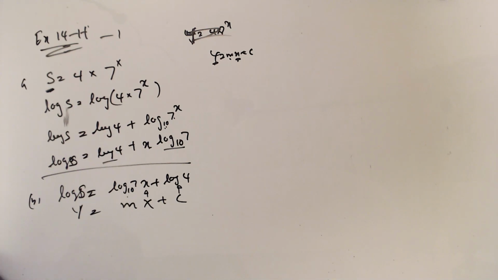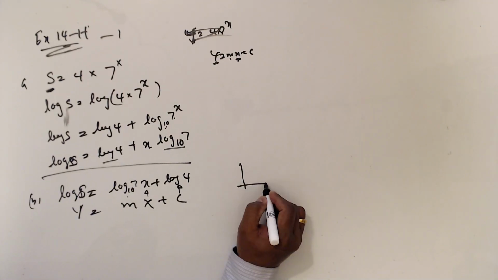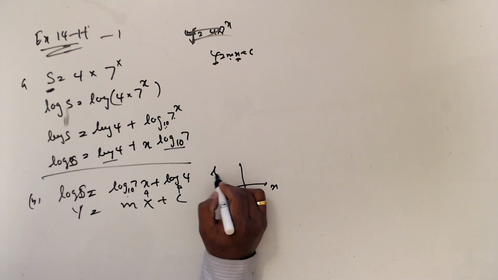In part B, it says the straight line graph of log s against x is plotted. Write down the gradient and the value of the intercept on the vertical axis. So they draw x and log s.